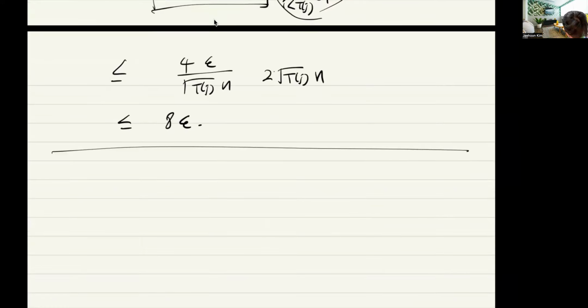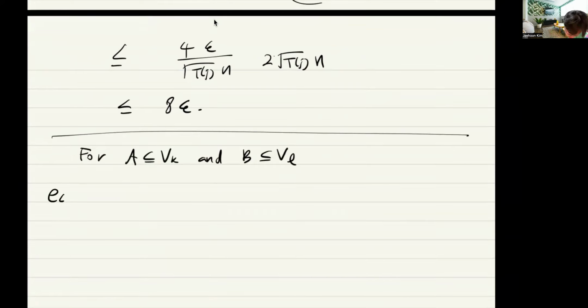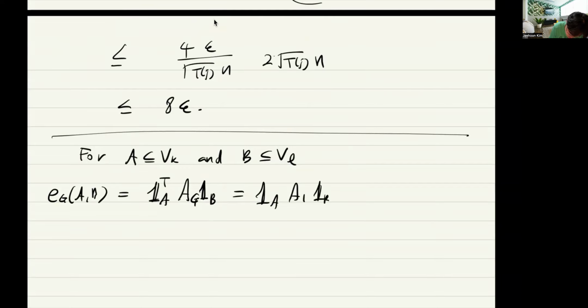So once we know this, then what do we know? For A in this P_k and B in this P_l, we know the number of edges in between A and B. That's what you get when you consider the characteristic vector of A and the characteristic vector of B, and you compute this, and that's like a summation of these three terms.